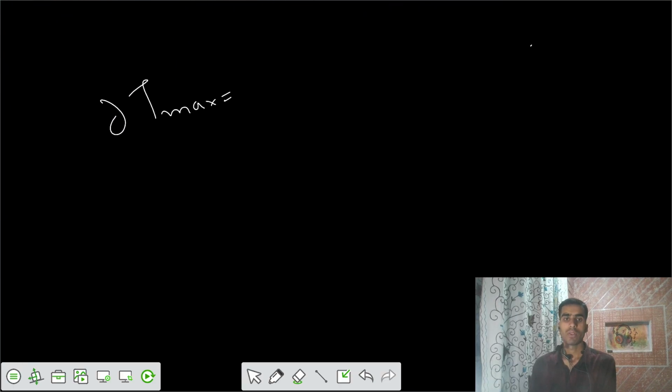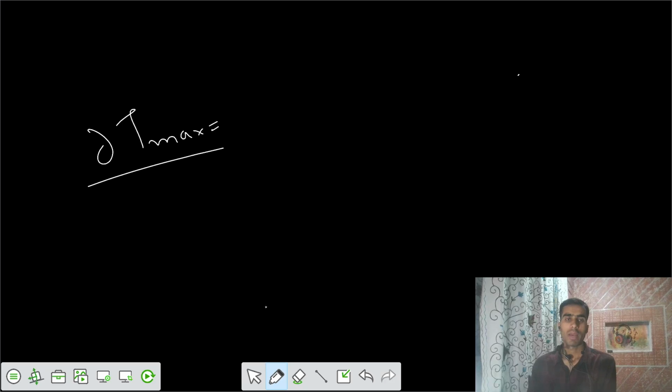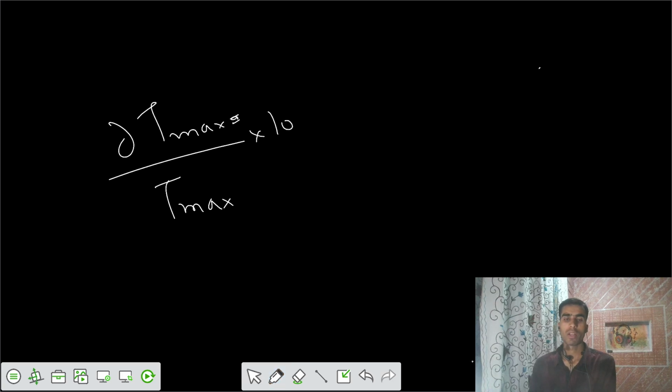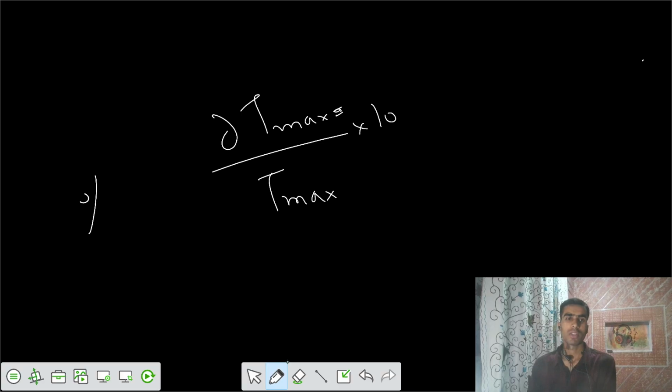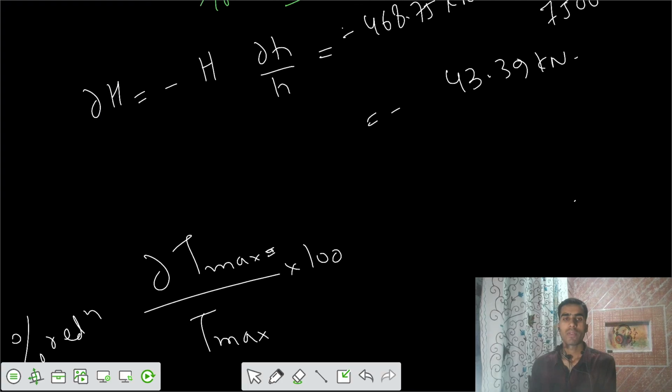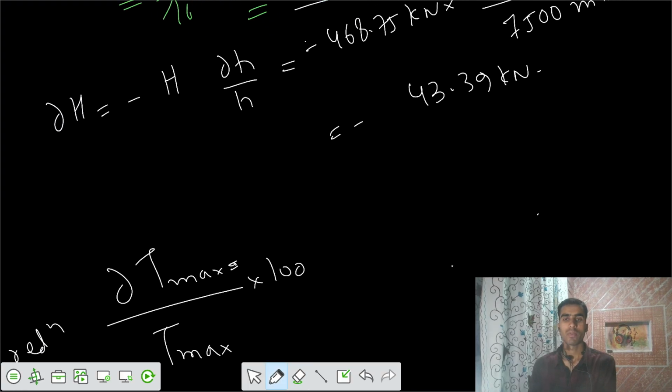We solve it this way: ∂Tmax by Tmax is the percentage reduction, times 100. Now for that we need to get the value of ∂Tmax. We have the equation ∂Tmax equals ∂H times H by Tmax.